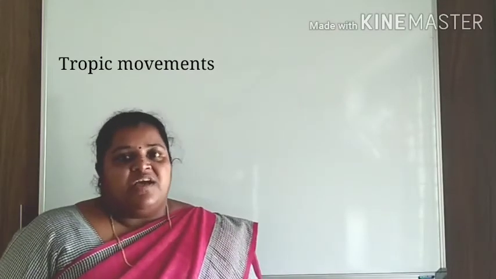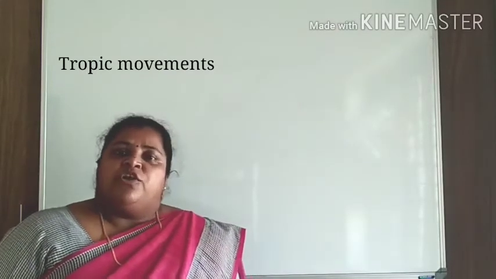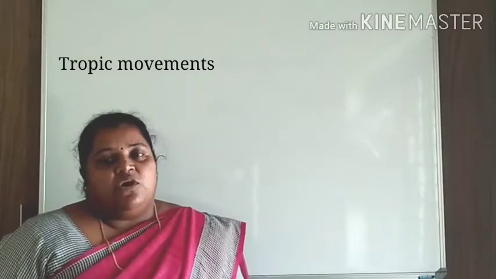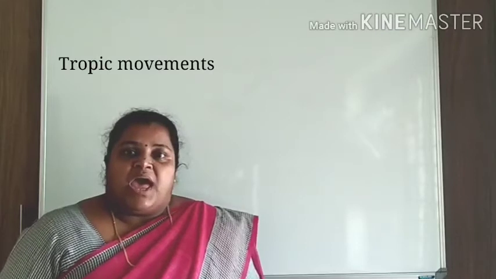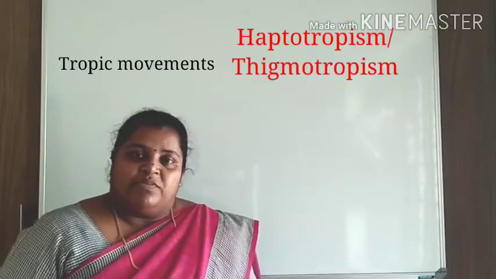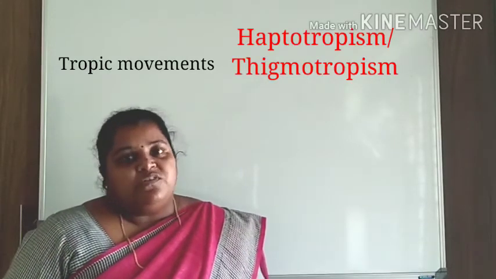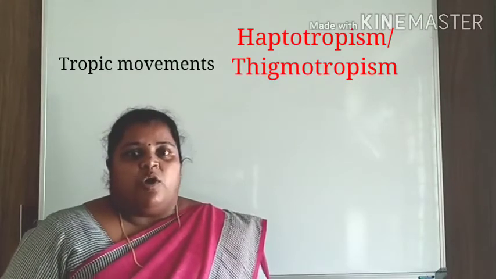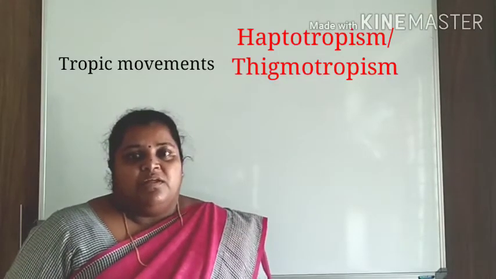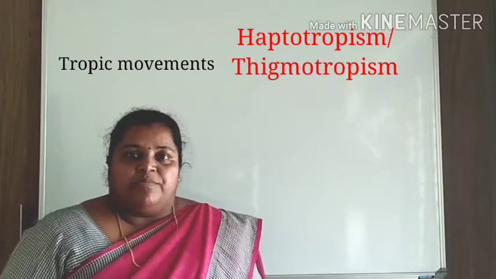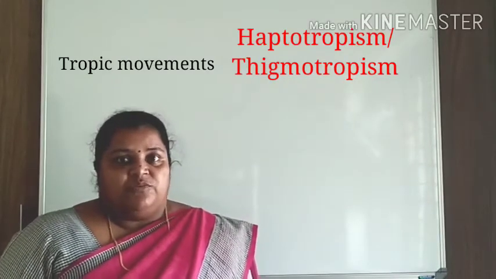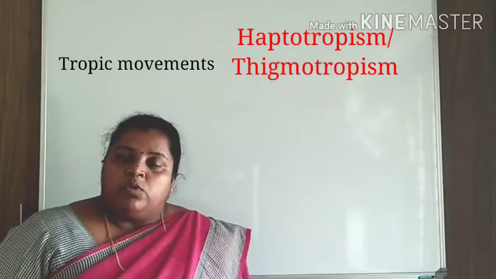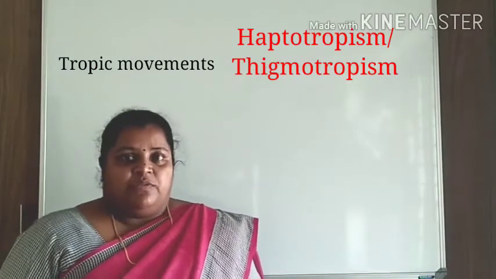And the fourth classification of tropic movement is known as haptotropism. It is also known as thigmotropism. The word hapto means touch.